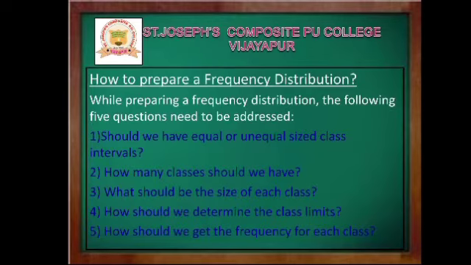Third, what should be the size of each class, that means 5, 10, 15 like that? Fourth, how should we determine the class limits, the upper and lower class limits? And fifth, how should we get the frequency for each class? These are the 5 questions to be addressed while preparing the frequency distribution.